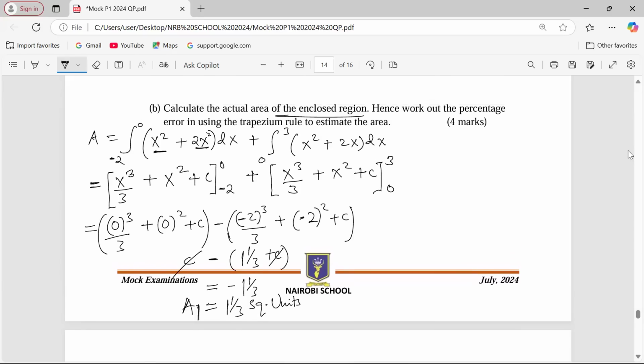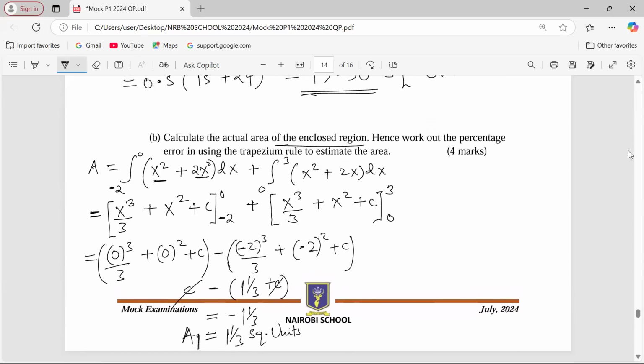Then we will talk about the second area now. In this second one, we substitute 3 first. So 3 cubed over 3 plus 3 squared plus c, then minus when we substitute 0.